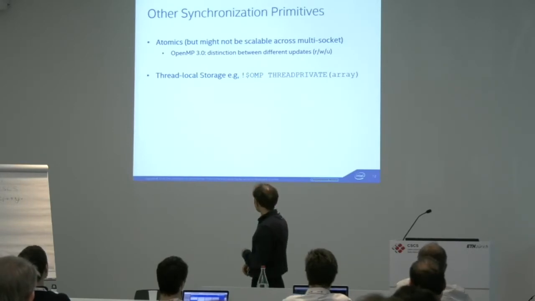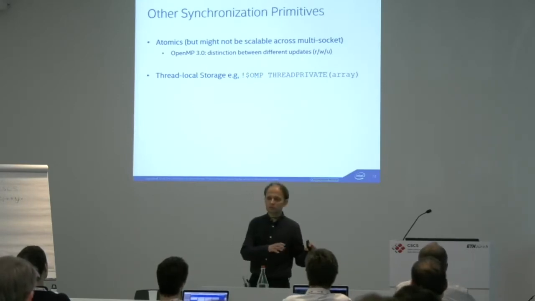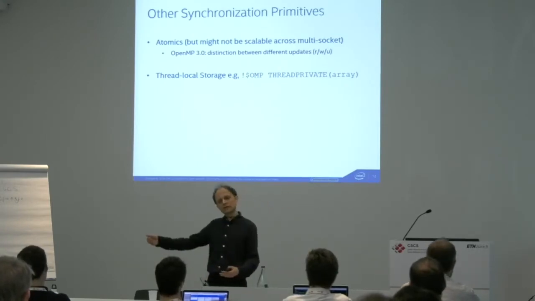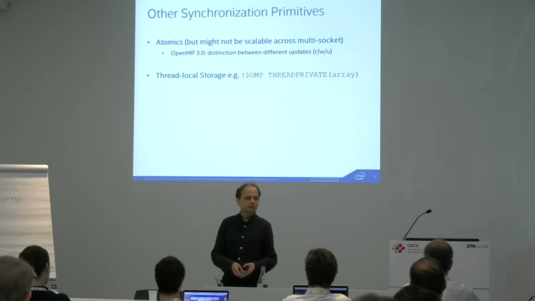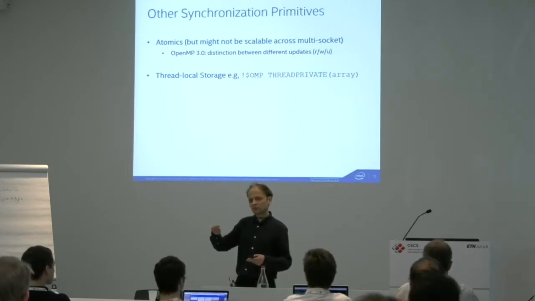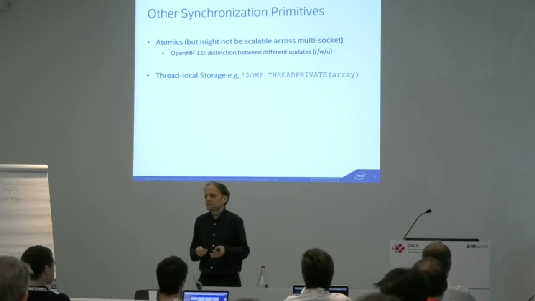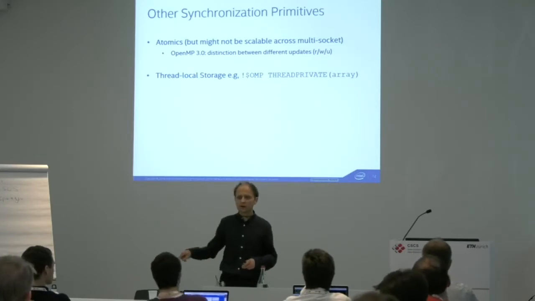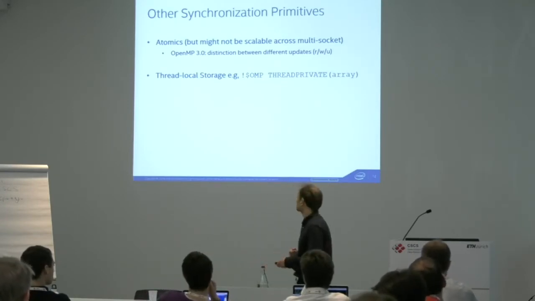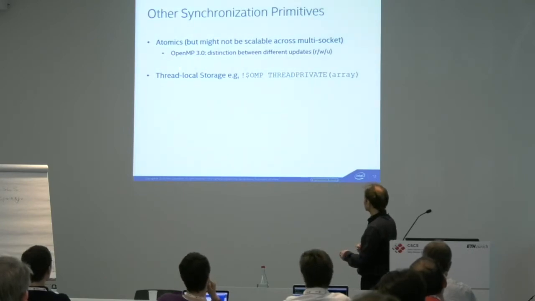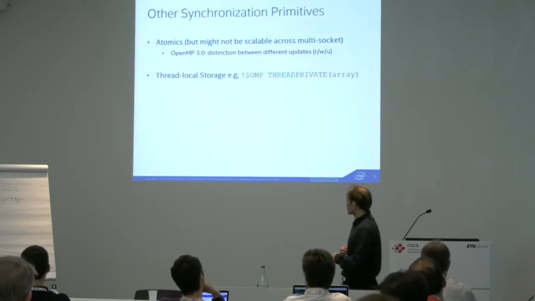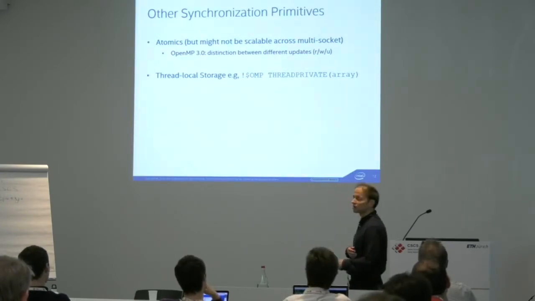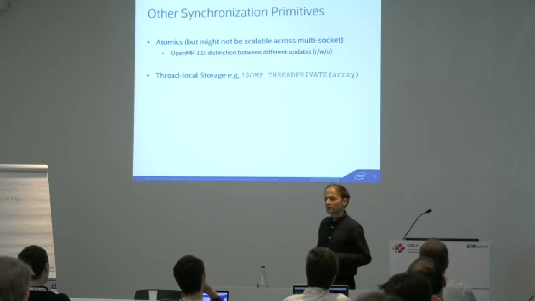Also, scalability of atomics across multiple sockets is obviously not a good idea, because you have to communicate to your neighboring socket, and the architecture enters a very weird slow path to make the atomic correct. Anyhow, you can also sometimes use thread local storage. You can do a thread private array in Fortran, just to give you some variety.